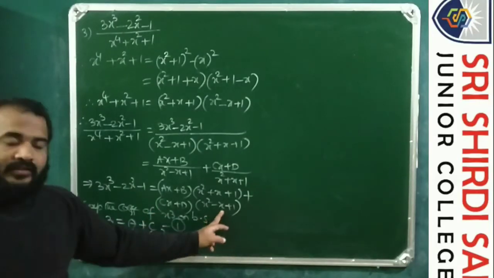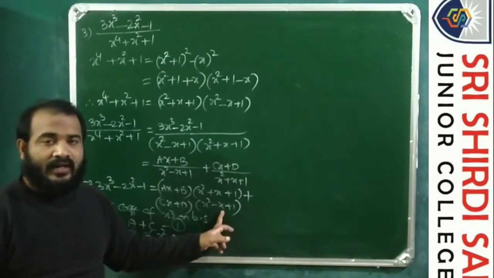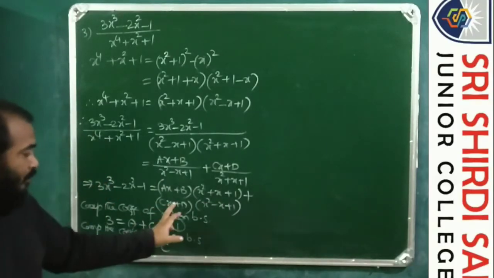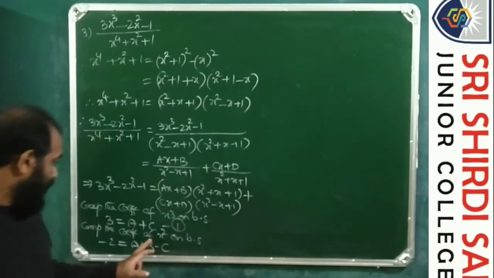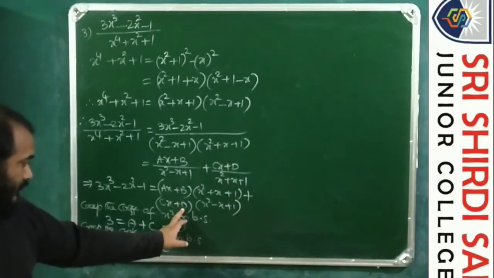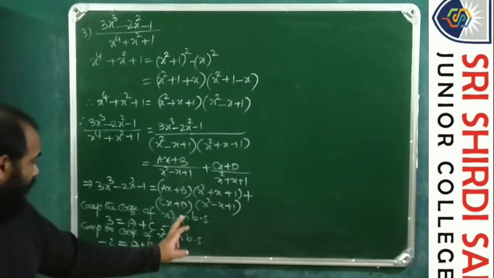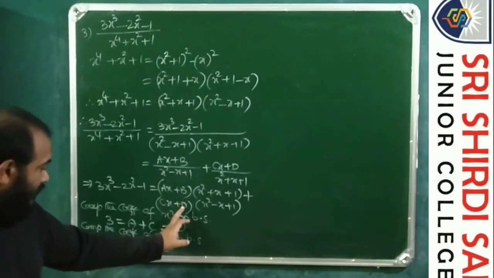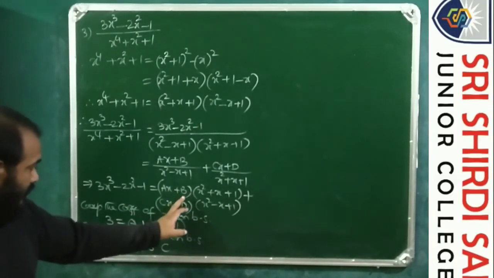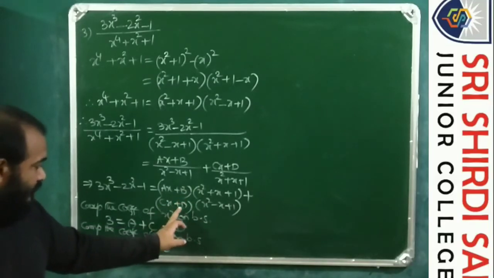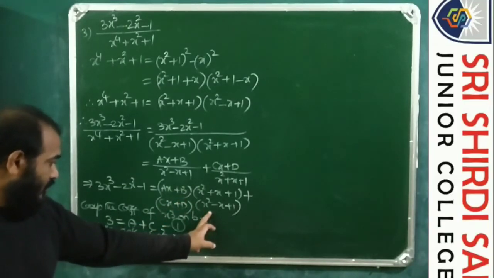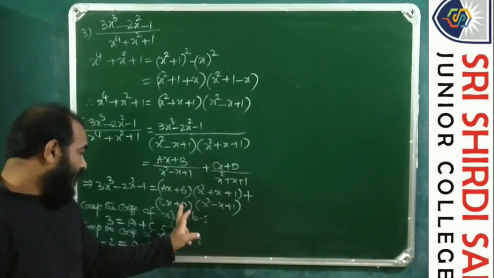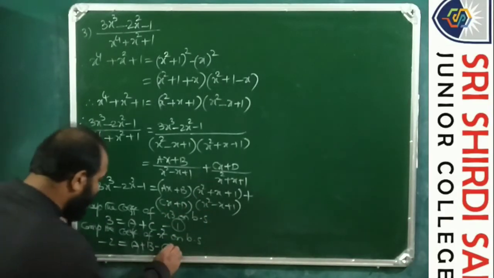Cx into minus x is minus cx square, x square coefficient is minus c, plus d into x square, cx into minus x, and dx square, x square coefficient is plus d.